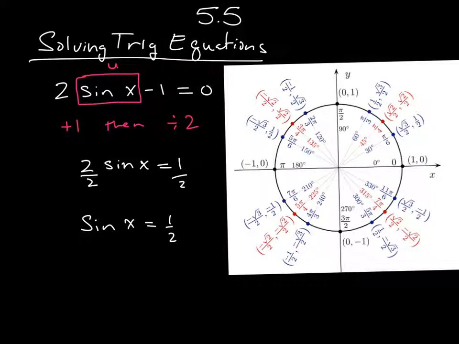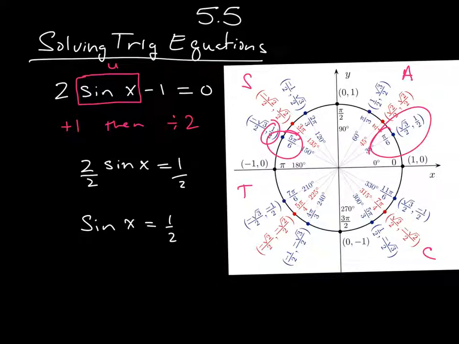So if I'm looking at this, where does that happen? Well, sine is our y value. It is equal to 1/2 at pi over 6. And it's also equal to 1/2 in the trig world, all students take calculus, so sine is also positive in the second quadrant, so it's also positive here when the y value is equal to 1/2.